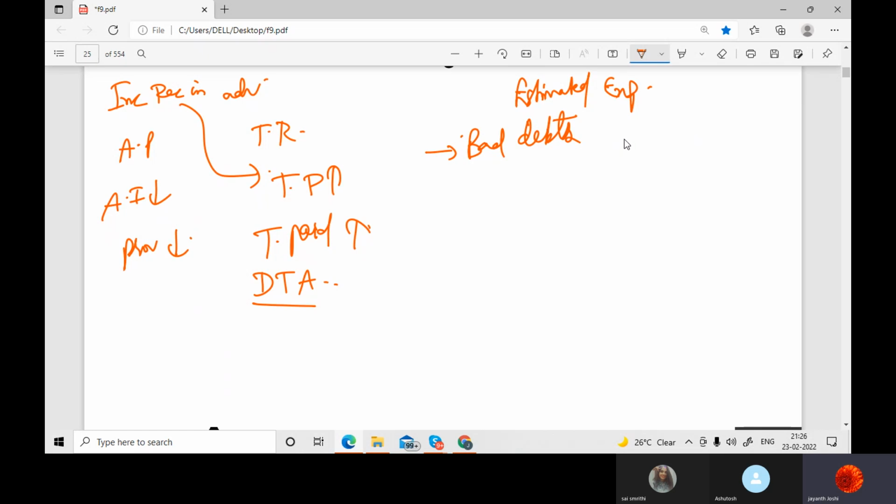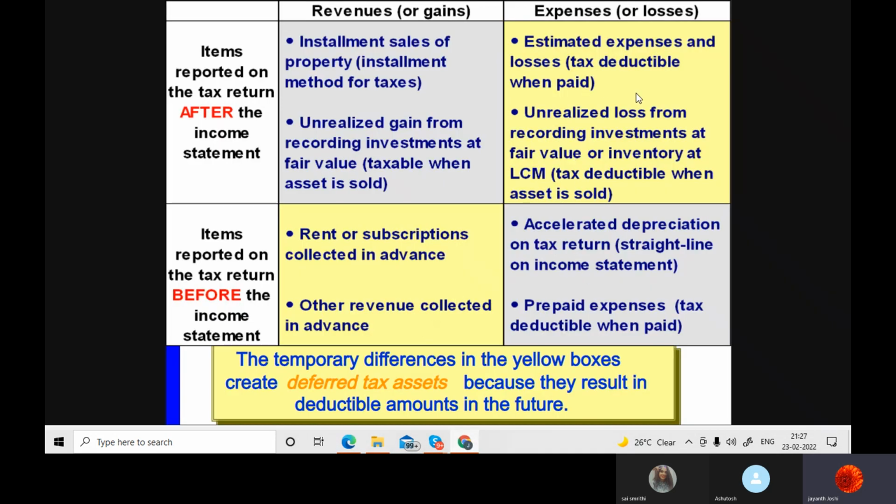Your tax authorities, tax rules or tax codes don't give permission for this. So when you show the provision beforehand, since you're showing a higher expense, your accounting income is less, so the provision for tax is less, and taxable profits are high, so tax paid is high. That means you paid more and you're showing less provision. That means a DTA is created. And the last discussion is about the unrealized loss.